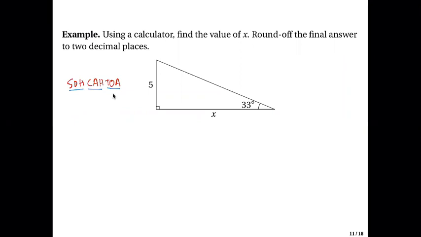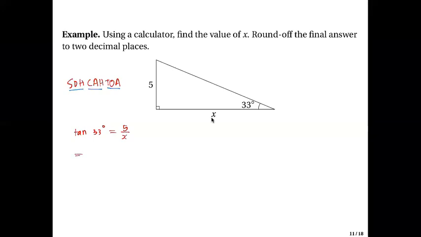And according to this, we now have tangent 33 degrees. So this is your 33 degrees. The opposite side is 5. And the adjacent side is x.